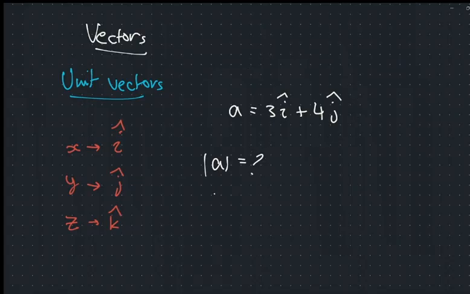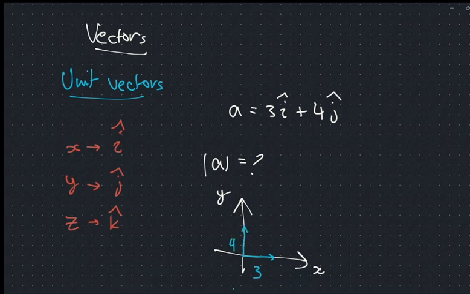So let me draw a small graph here, x and y. Because i represents x, we will go 3 in the x direction. So we have a vector here that has a magnitude of 3 in the x direction. And then we have another vector with a magnitude of 4 in the y direction. So let's draw it here. So this is going to be 4.